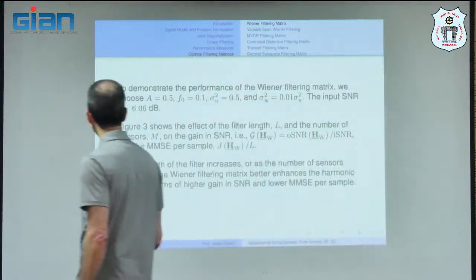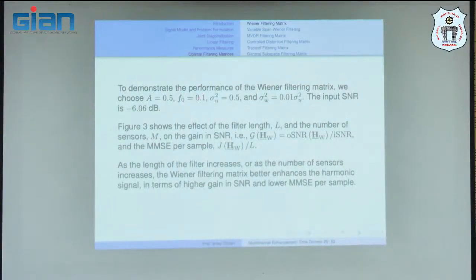Suppose that A equals a half, F0 is 0.1, the variance of the interference is 0.5, and the variance of the thermal noise is 1% compared to interference. So it's low thermal noise. Why do I choose low thermal noise for this example? Because when I use a multi-channel sensor array, it works best to reduce noise that comes from a certain direction, directional noise.